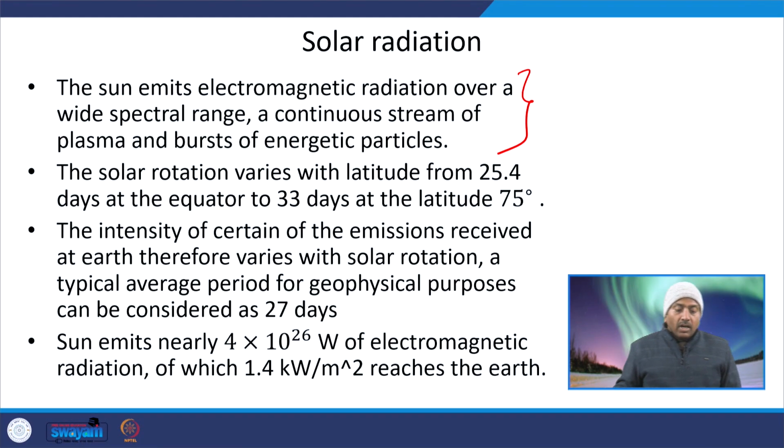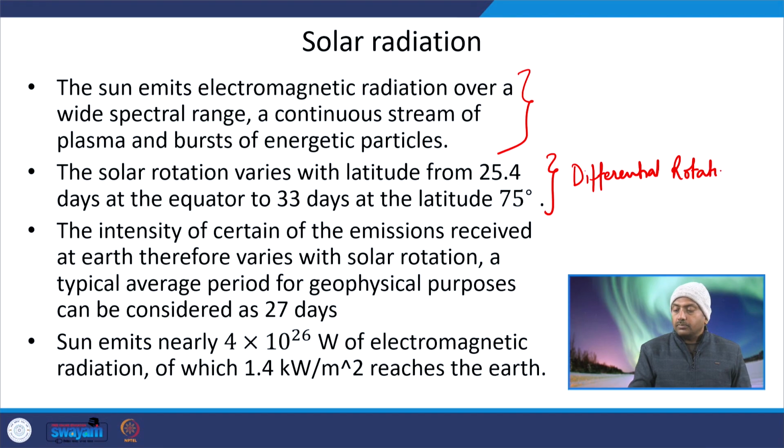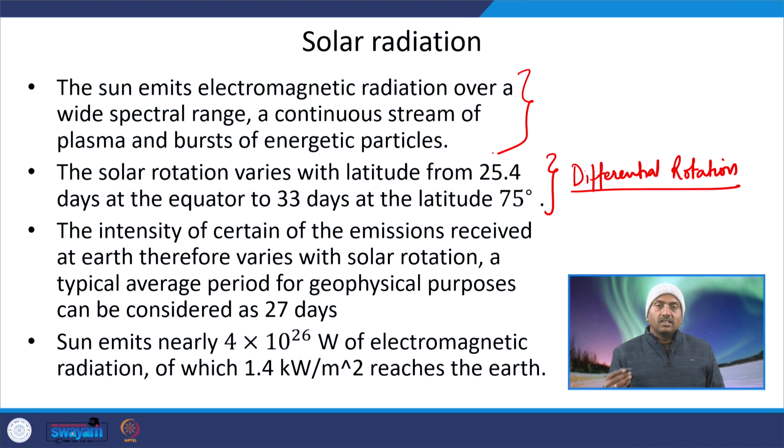Okay. The solar rotation varies with latitude, from 25.4 days at the equator to 33 days at latitude 75 degrees. This is what we have discussed as differential rotation. This idea is already given a lot of emphasis in the earlier lectures. So, what you can remember is 25.4 days, or approximately 25 days, near the equator.